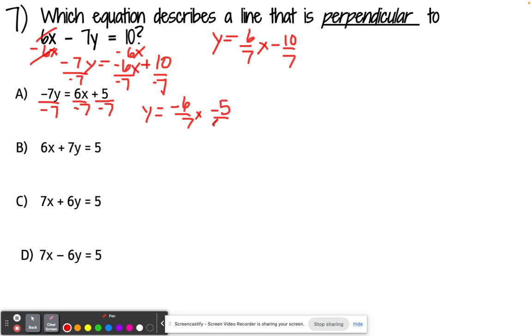For perpendicular, I need opposite reciprocal, which means I need a negative 7 over 6. That's what I'm looking for. This is negative 6 over 7. It doesn't work. For this one, I'm going to have to subtract 6x from both sides.